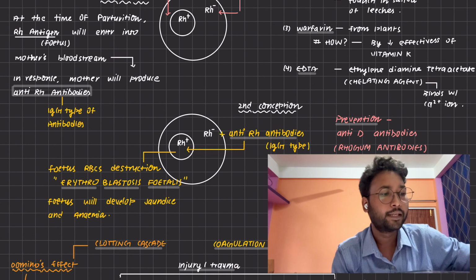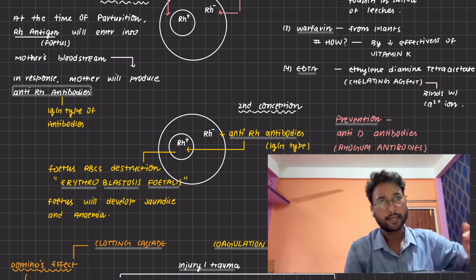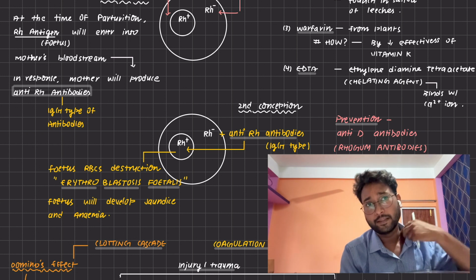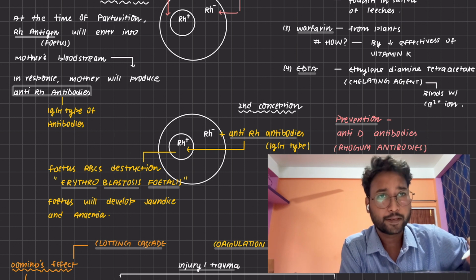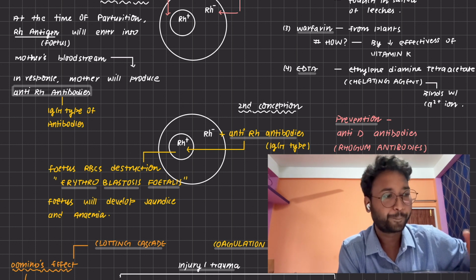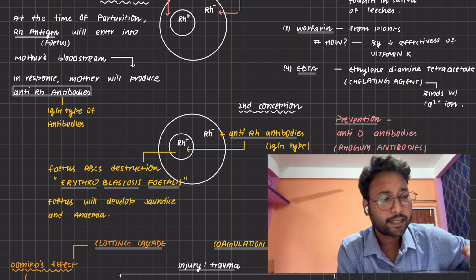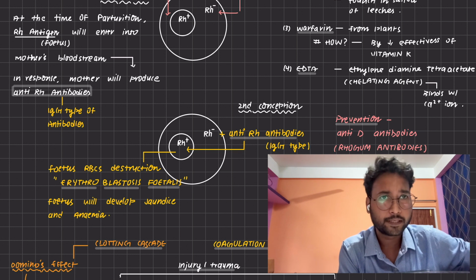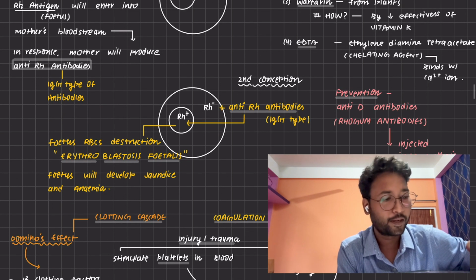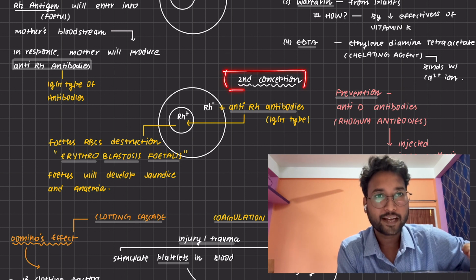Let's see. They decide to have a second child, and I am assuming they have the same father and same mother. Second conception. In the second conception, the mother is the same, so Rh negative.